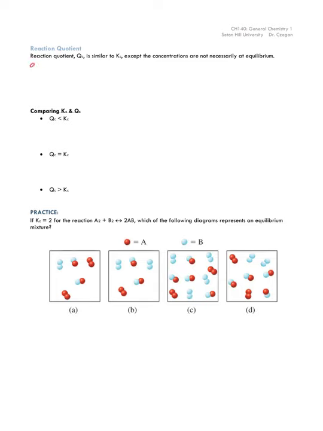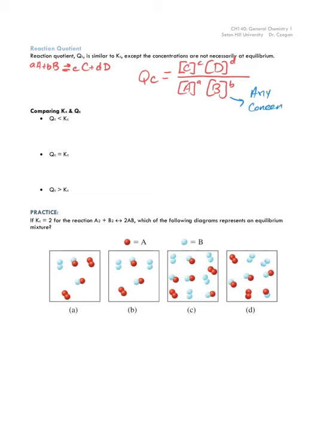So if we have a reaction, aA plus bB goes to cC and dD, the reaction quotient Qc will be the same thing. It is C to the power of c, D to the power of d, over A to the power of a, B to the power of b. The difference is that these concentrations can be any concentrations. They don't have to be equilibrium concentrations.